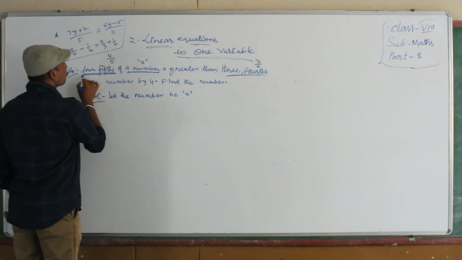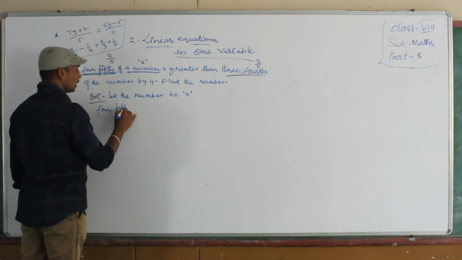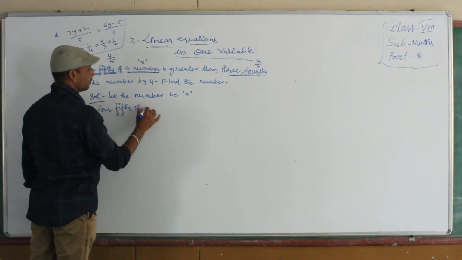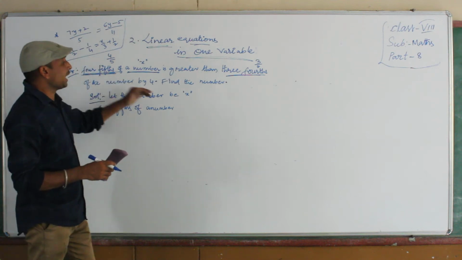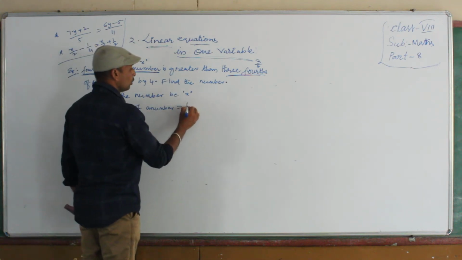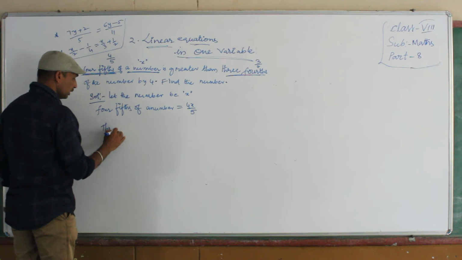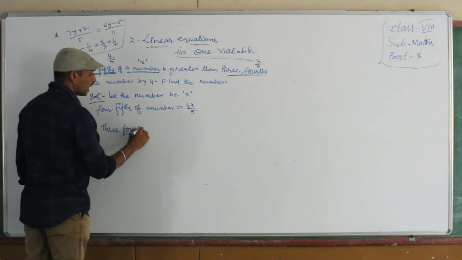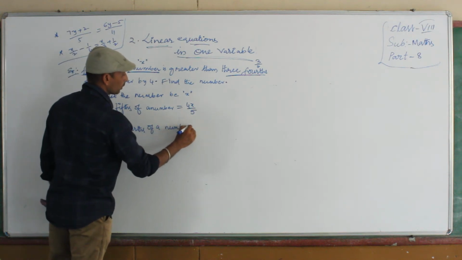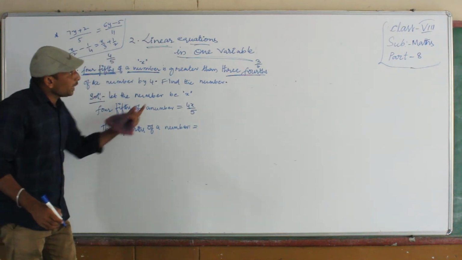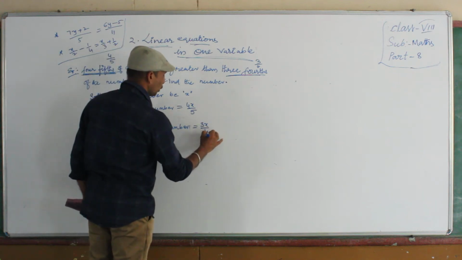Then 4/5 of a number means 4/5 times the number, which is 4x by 5. 3/4 of a number means 3/4 times the number, which is 3x by 4.